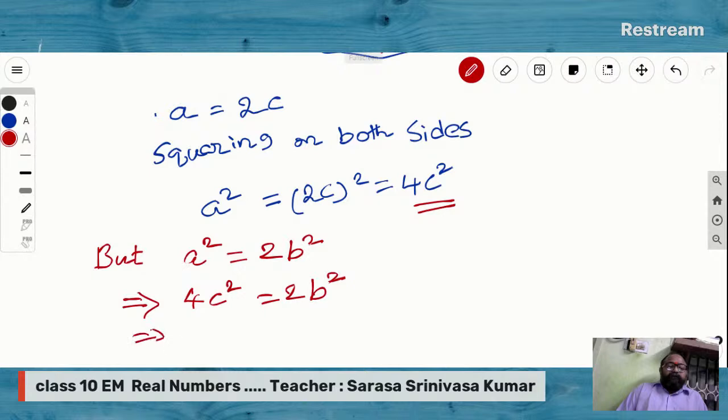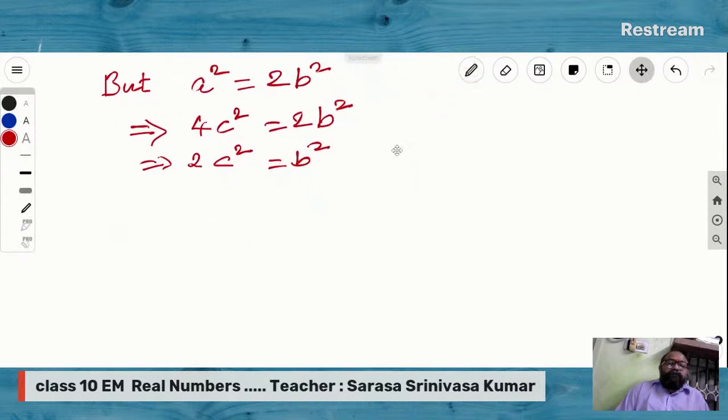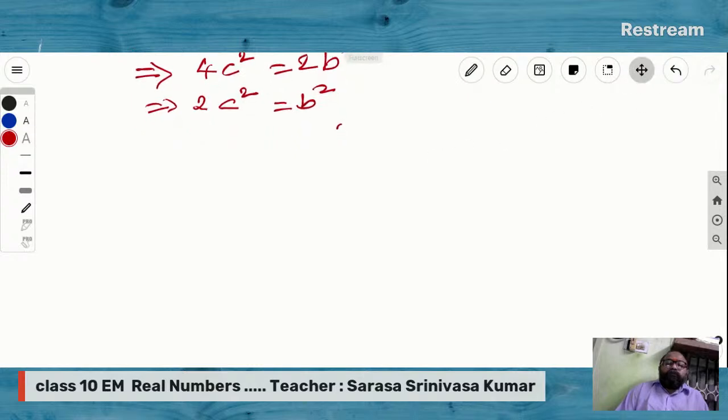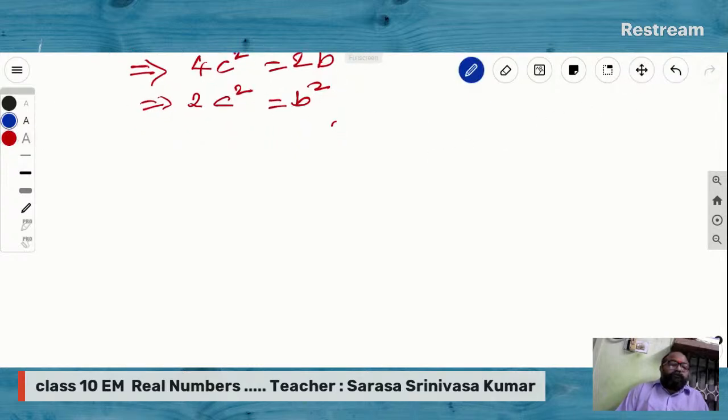That implies 2C square equal to B square. Here again we can conclude that 2C square is divisible by 2.